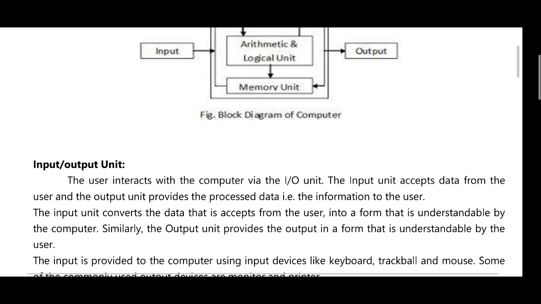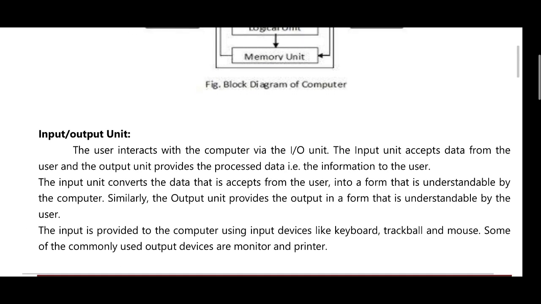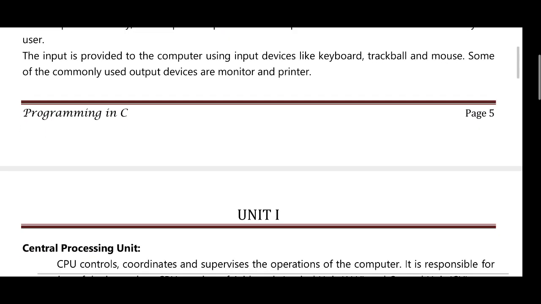The user interacts with the computer via input device and output device. The input unit accepts the data from the user. The output unit provides the processed data, that is information, to the user.